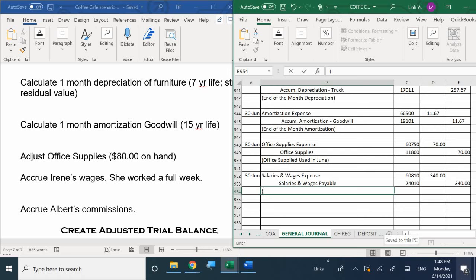Partial payroll for June. I'm going to put to accrue Irene's wages for a full week. Okay.